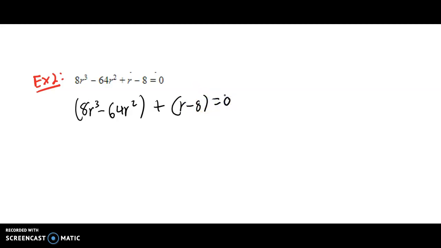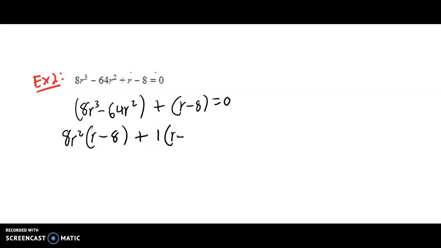In that first group, 8 and 64 share an 8. R cubed and r squared share an r squared. What's left is r minus 8, and r and negative 8 have nothing in common. I can always take out a 1.